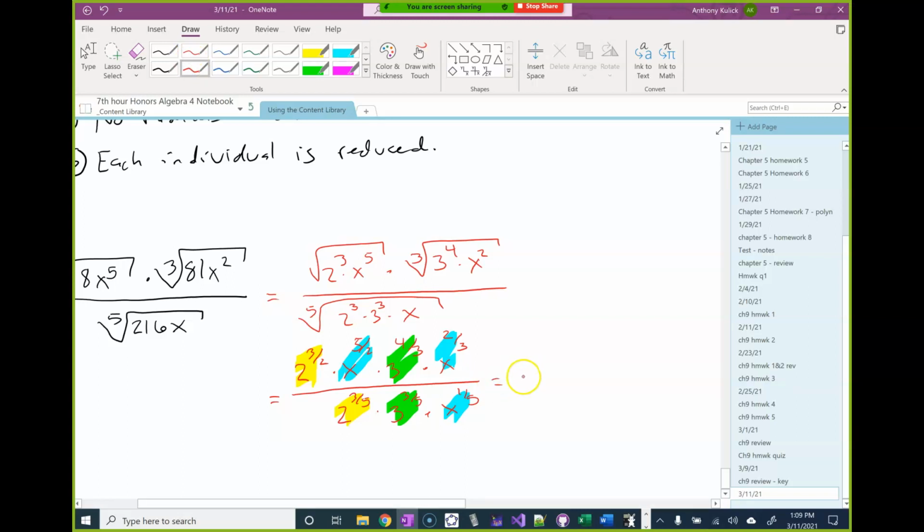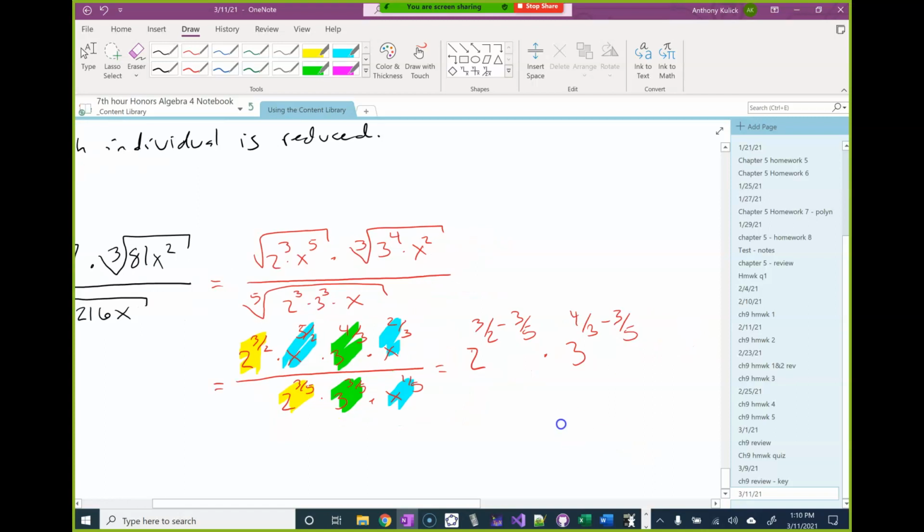So for the 2's, I'm going to be using the quotient property. So I'm going to have 2 to the 3/2 minus 3/5. Sorry, that's a 2, not an x. The 3's, again, I'm also going to be using the quotient property. So 3 to the 4/3 minus 3/5.